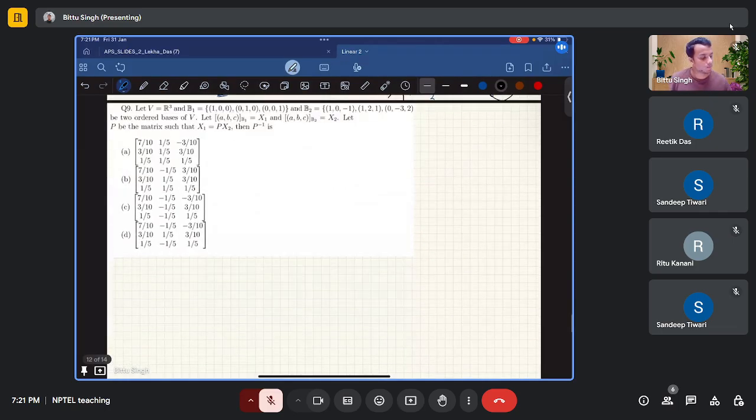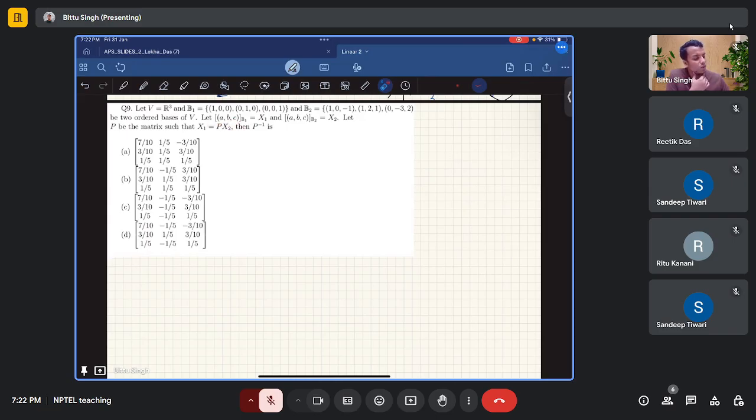Okay, question number 9. Let us solve this. So here two bases of R3 are given. One basis is the standard basis E1, E2, E3, but the second basis is something else. Those are two bases of R3.